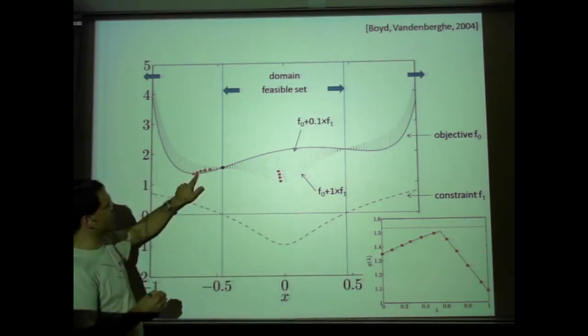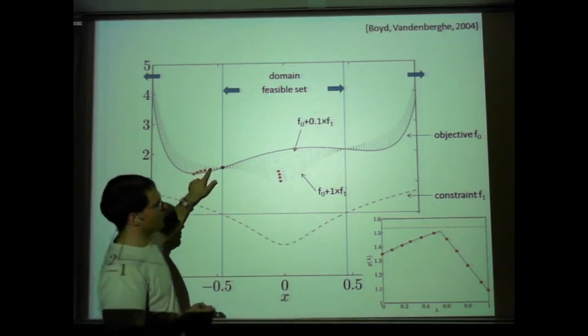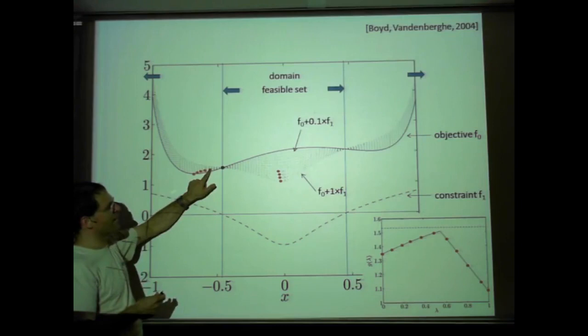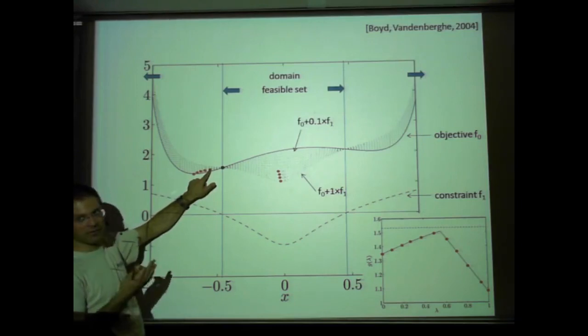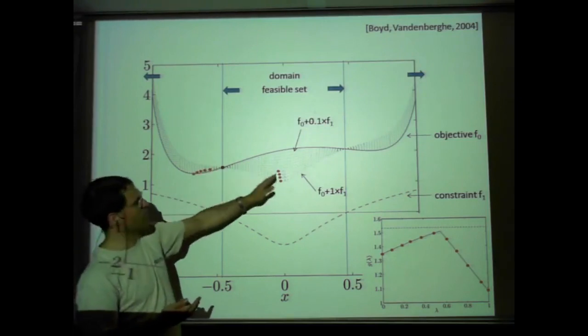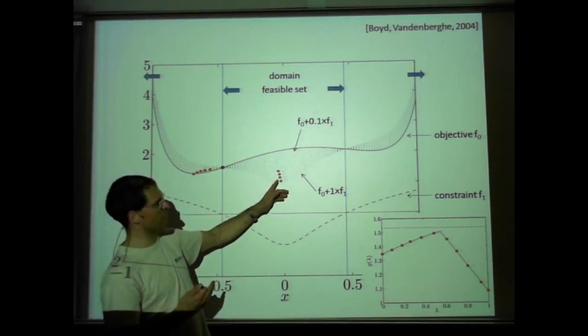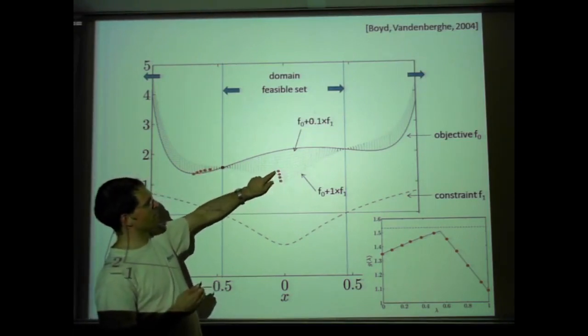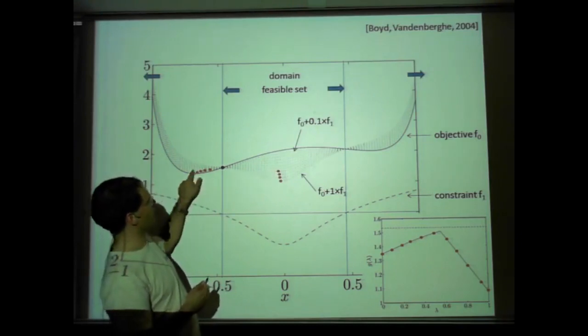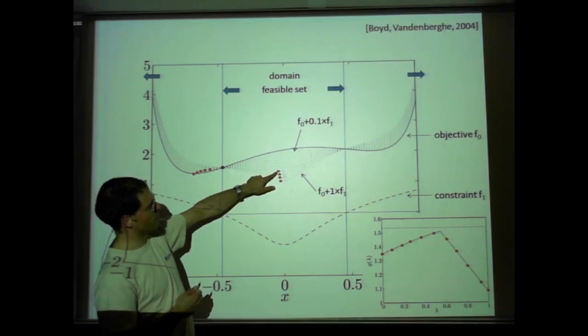Okay, and I keep doing that until something dramatic happens, namely if I go to larger values of lambda, my minimum is no longer located here, but jumps location-wise over there. So for lambda equals, what is this, 0.6 or so, the minimum is no longer here, but located there.